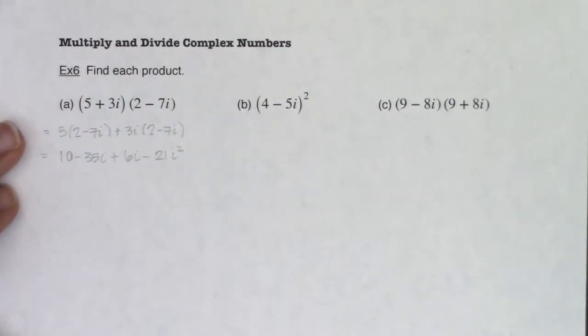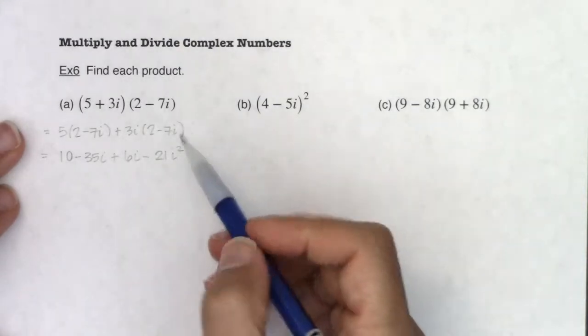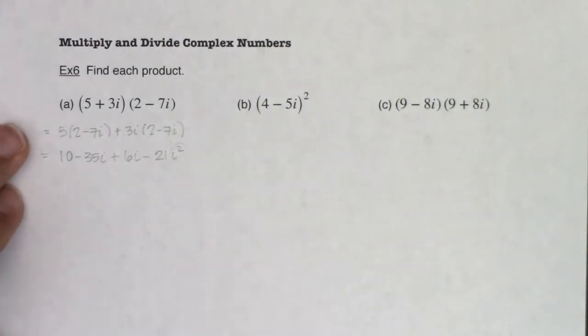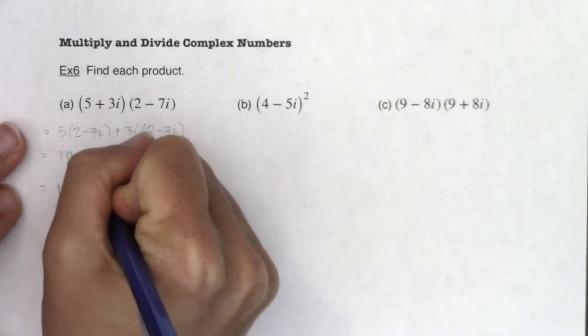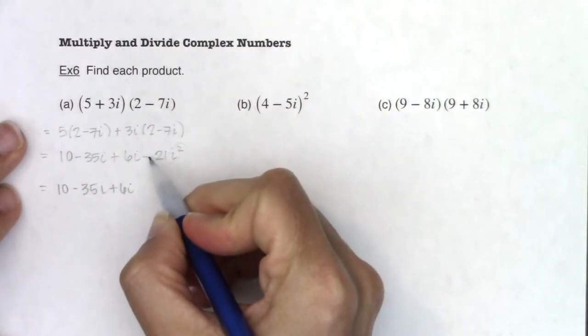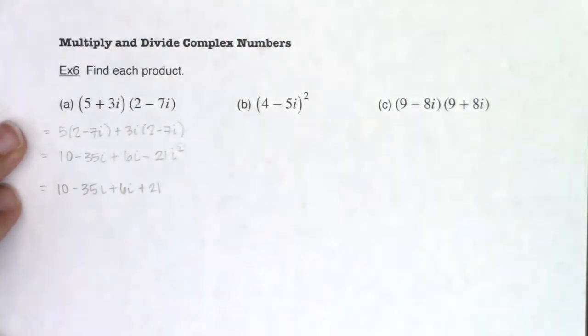Now you have a couple of options here. If you prefer, you can add the like terms. The way my brain functions, whenever I see an i squared, I immediately think, you know what, let me just swap that out with -1. So for me, I would just do 10 minus 35i plus 6i. Now -21 times a -1 is actually positive 21.